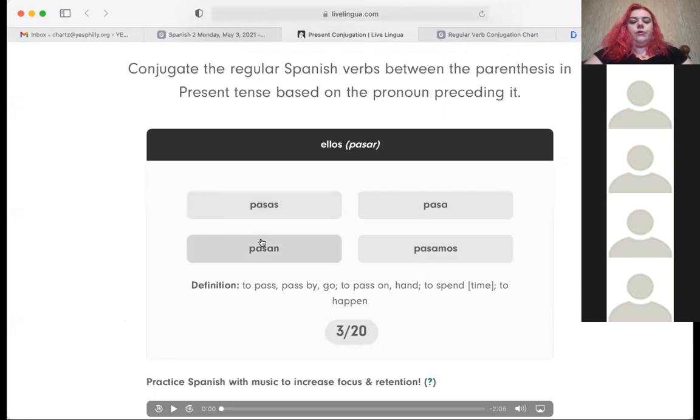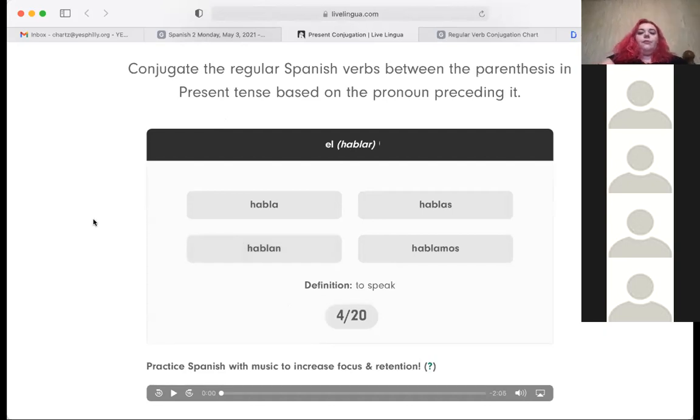It's not pasamos, because remember pasamos is the nosotros form. This is the ellos form. Like they pass by. So which one are we going to use? We know it's not this one because we said that's the nosotros form. Yes. Yep. Okay. Deja, I just got your message. Okay. Yep. It's pasan.